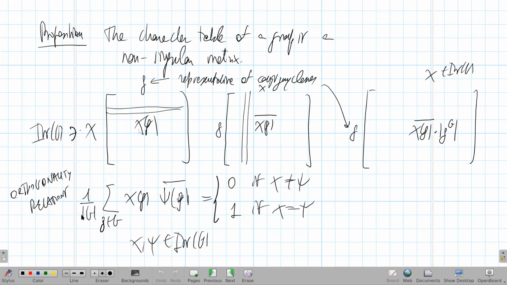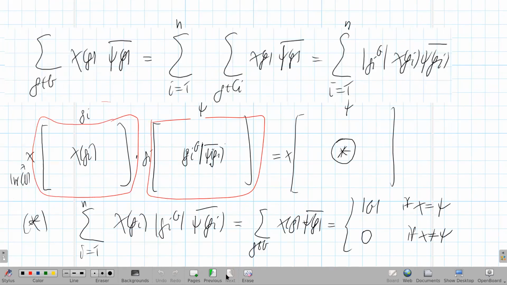So essentially, I've taken this equality and multiplied by the order of G. So when it's 0, it's still 0. When it's 1, multiplying by the order of G gives the order of G, okay? So this means that this matrix here is a matrix that has the order of G on the diagonal, and 0 elsewhere. And then you see that the inverse of the character table is this matrix here multiplied by 1 over G.